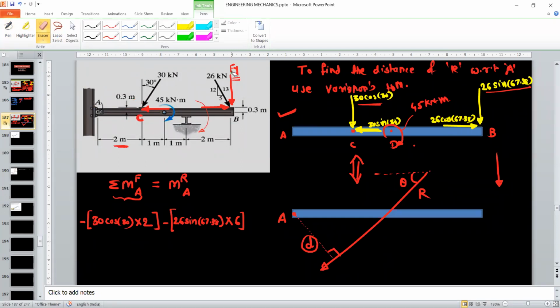I will erase the y component. Just observe this point A. It is at a distance of 0.3 meter from the point of contact of the force.